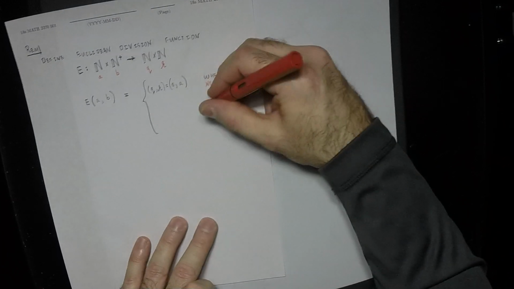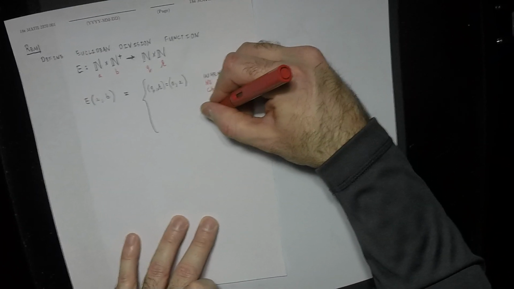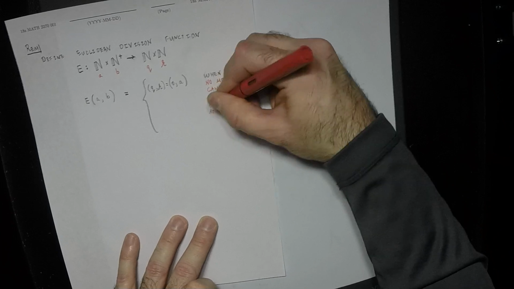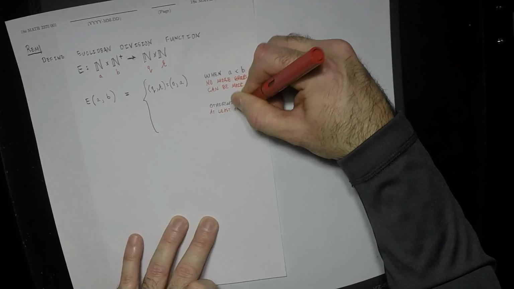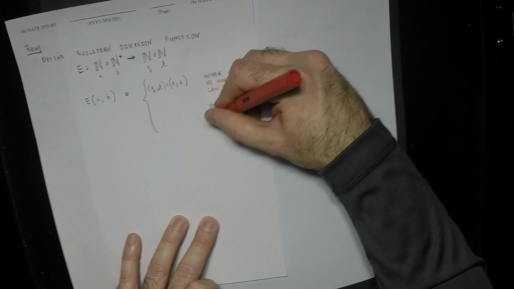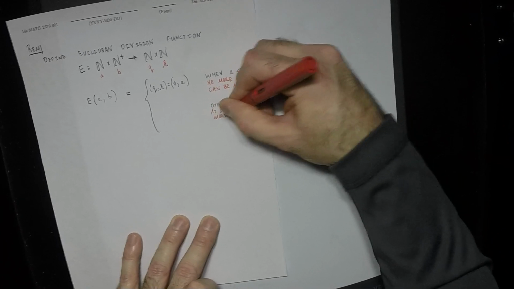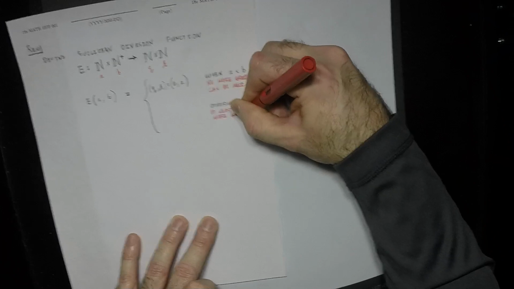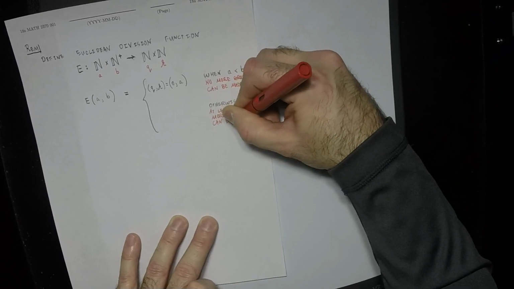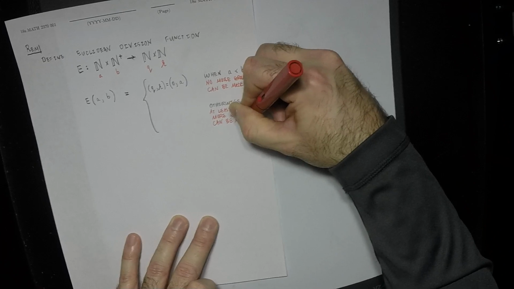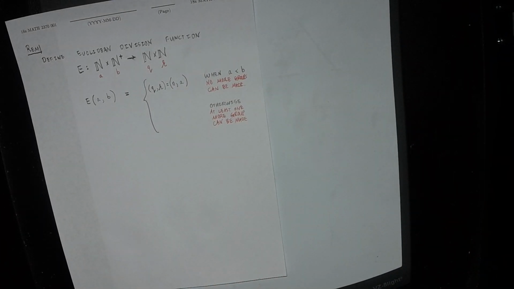Otherwise, and that is to say, at least one more group can be made. And somehow, we're going to have to recurse.